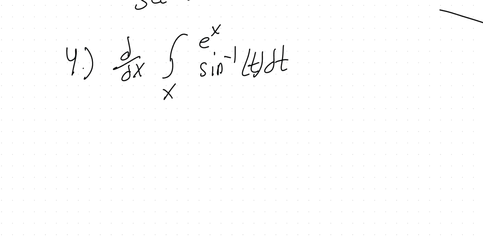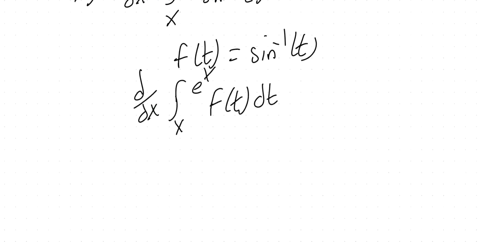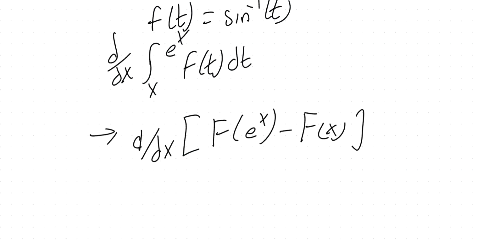Anyway, same thing as before. F of t is this, sine of -1t. So then our derivative looks like this. You have your following, and then we take its derivative of this integral. The derivative stays where it is. And then we take the derivative, which is very simple.